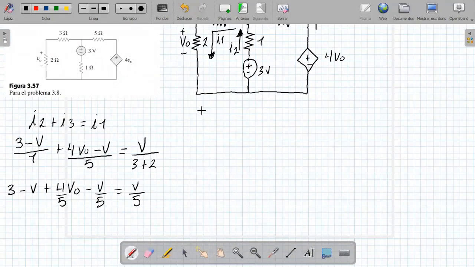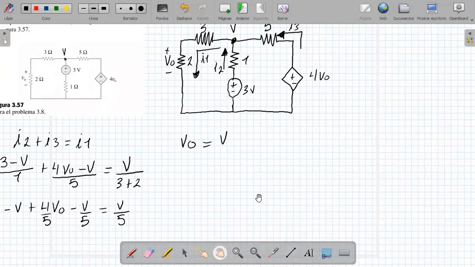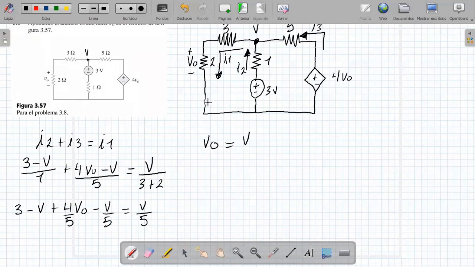Notice that V sub 0 is going to be the same as the voltage divider. The current that circulates through this resistor is the V that had previously drawn our attention: V divided by the sum 3 plus 2, V divided by 5.